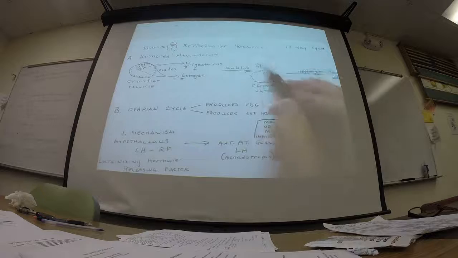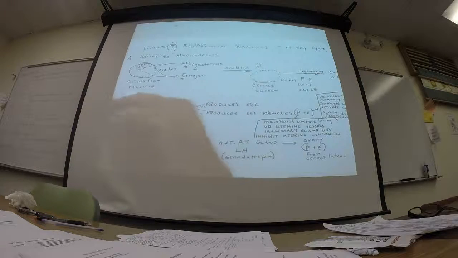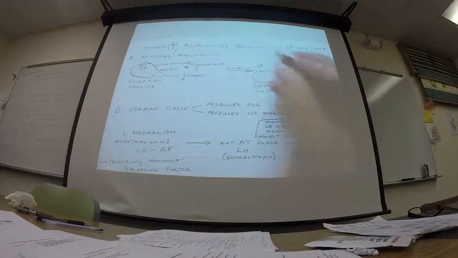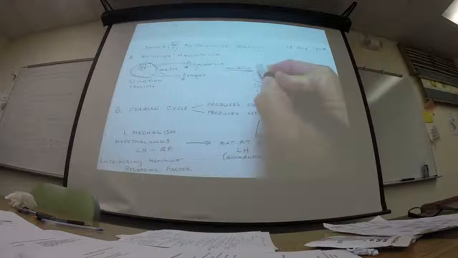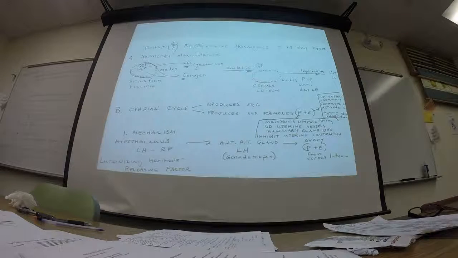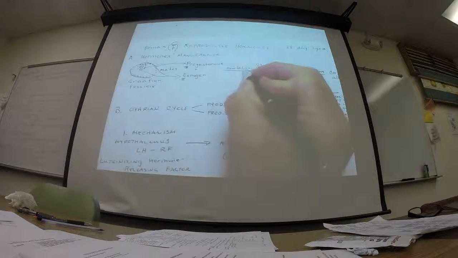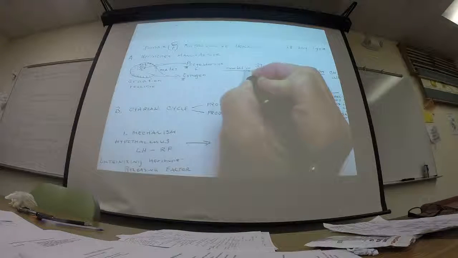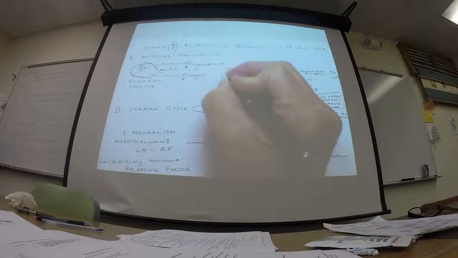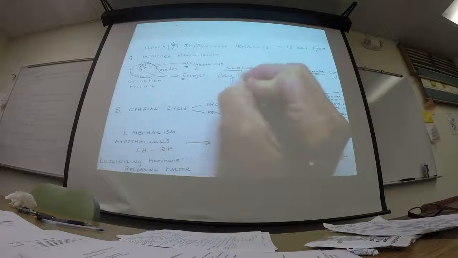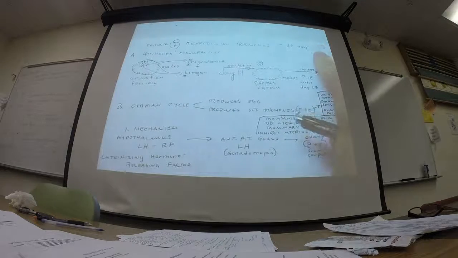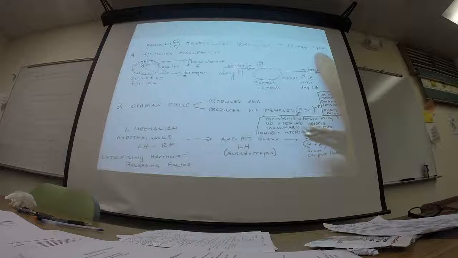So this is what left the Graafian follicle. Just this region right here left. There's your little egg, and there's the cuboidal cells around the egg. That did the egg release. Egg release is called ovulation. So ovulation was day 14 of this 28-day female cycle.